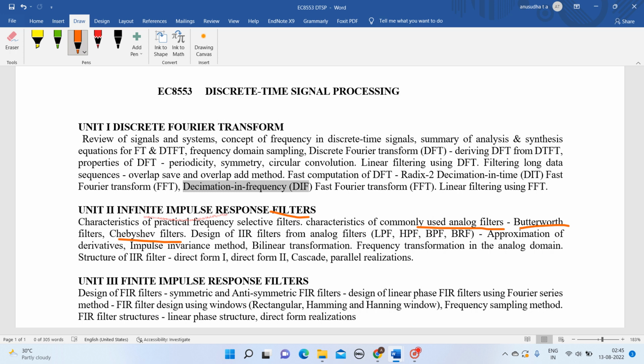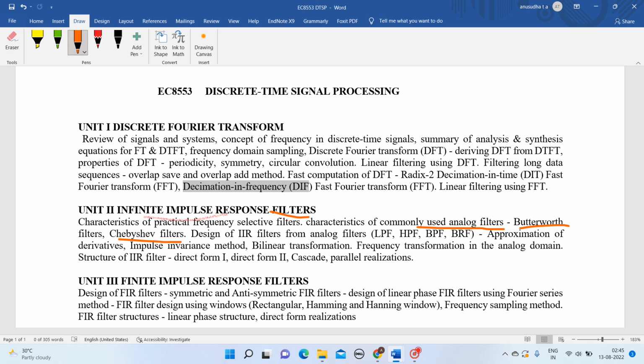These are the two methods to design the analog filters. Only the equations and the procedure are different between these two methods. Some advantages are there in the Chebyshev filters when compared to the Butterworth.